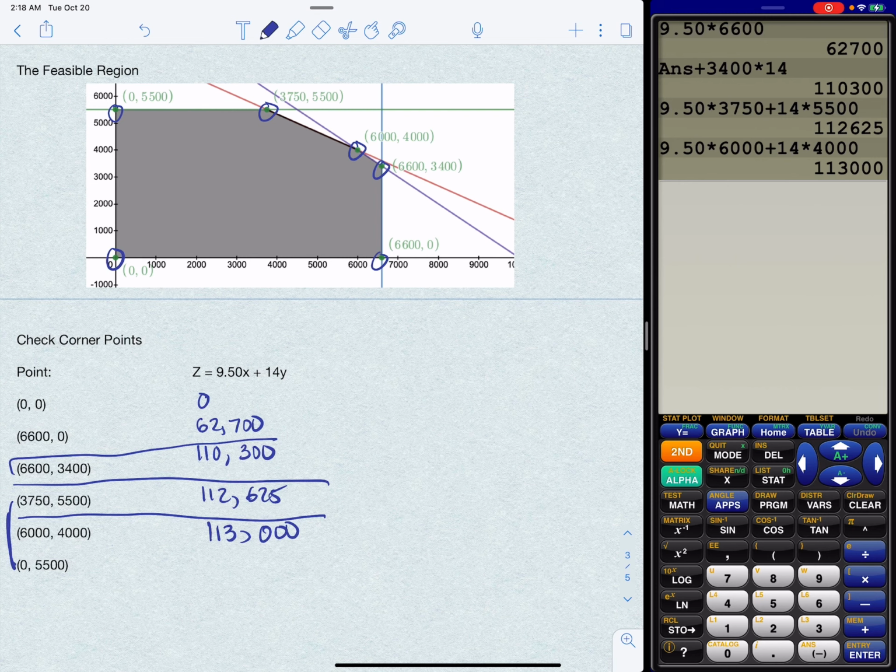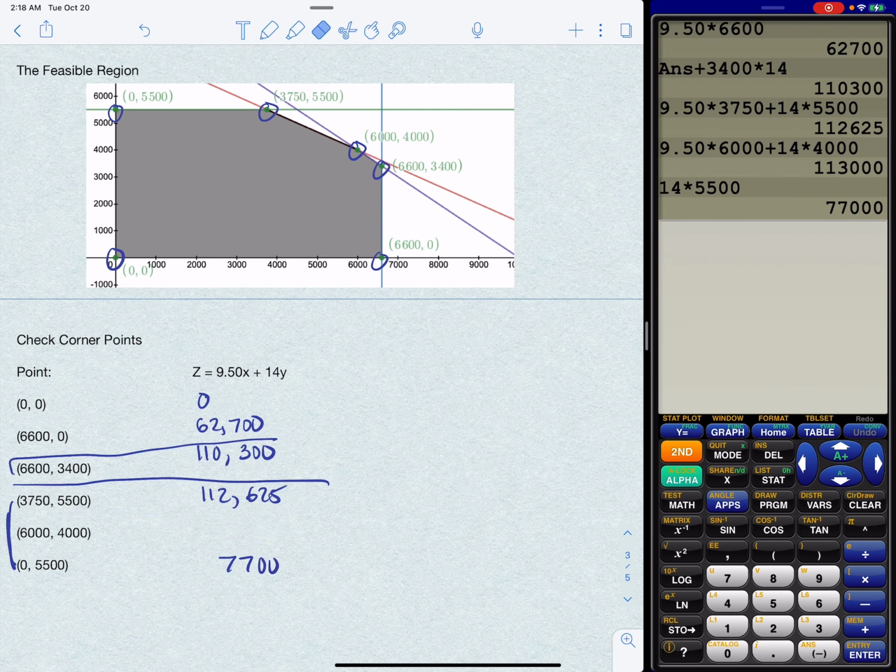So that's going to definitely decrease my profit some. But again, formality, we'll just do it. That's 14 times 5,500. So from all of this analysis, what we notice is right there is your maximum profit. Right there, $113,000. And when does that happen? When we make 6,000 trucks and 4,000 fire engines.